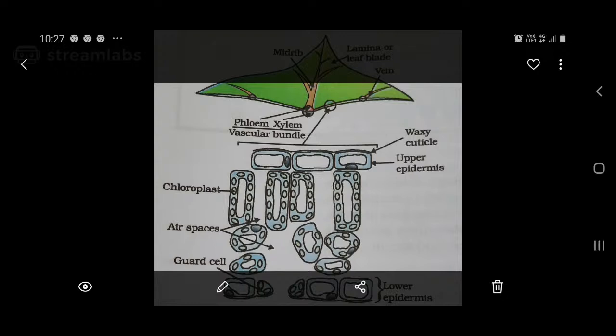Stomata also take part in removal of excess water, that is through transpiration. When you see in the center, more parenchymatous cells.